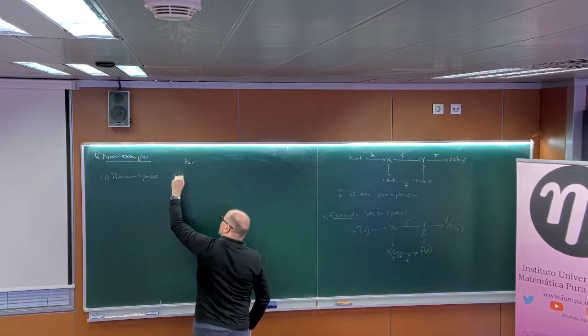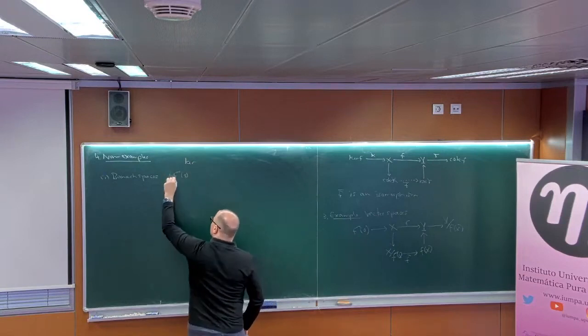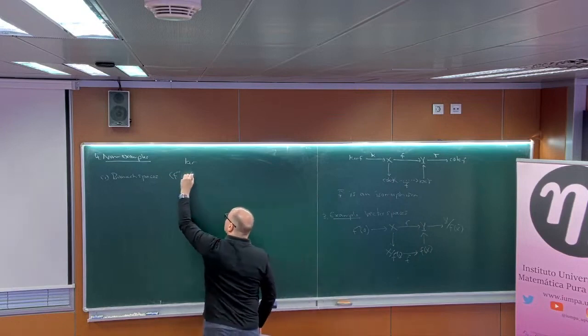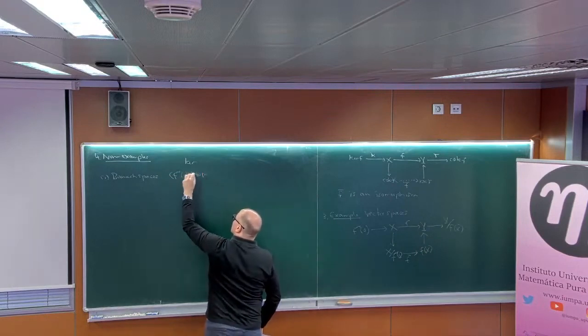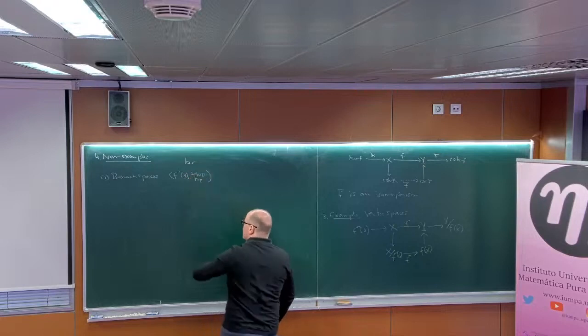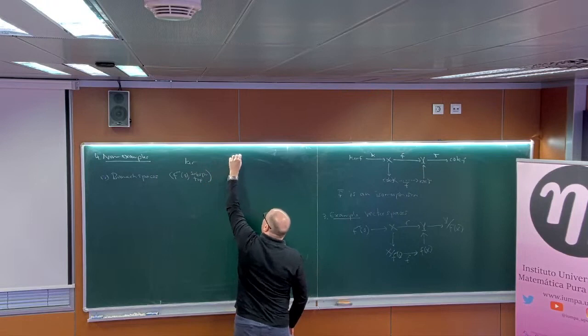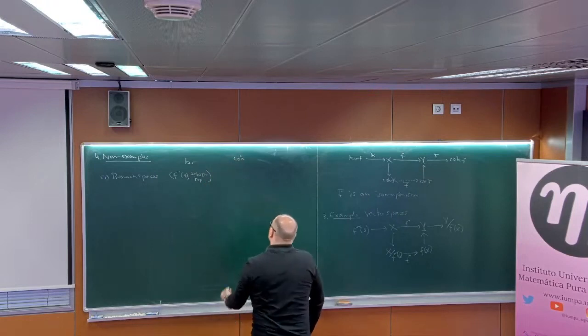That's still the pre-image of 0, and you endow it with the induced topology or subspace topology. And then you check this condition. And so that looks not so bad. But now you see already the problem.